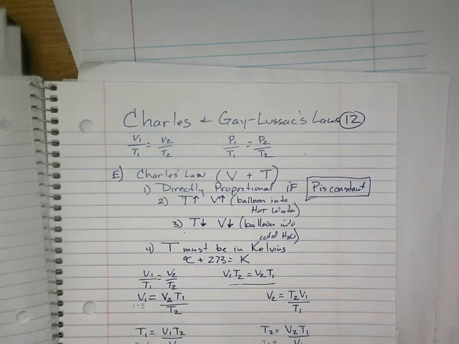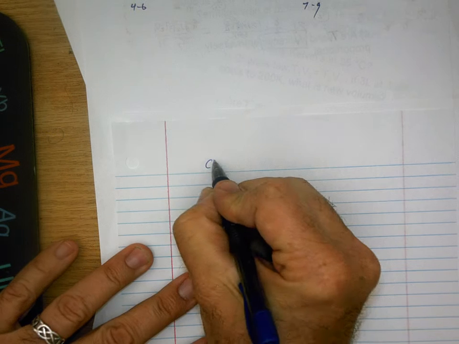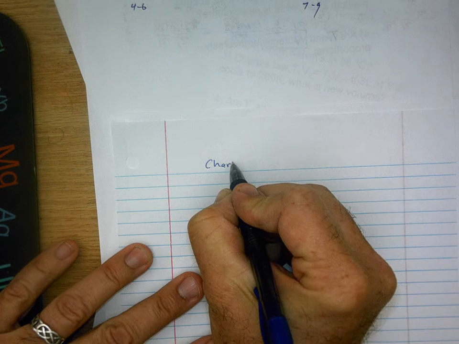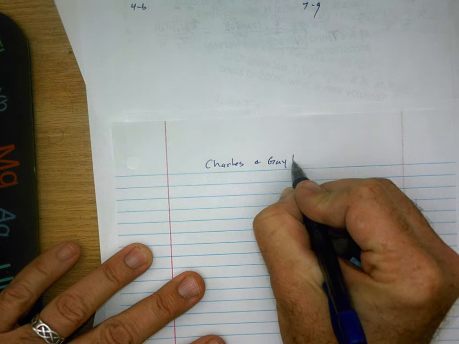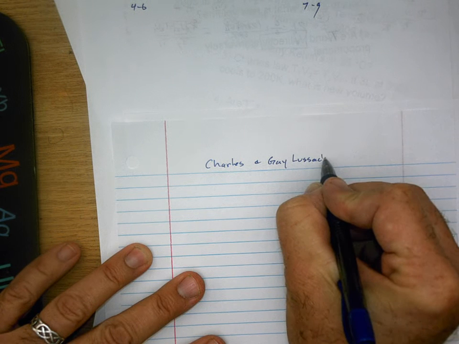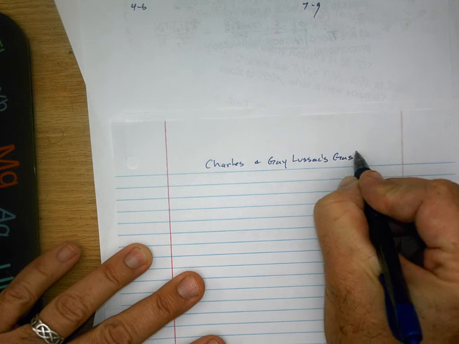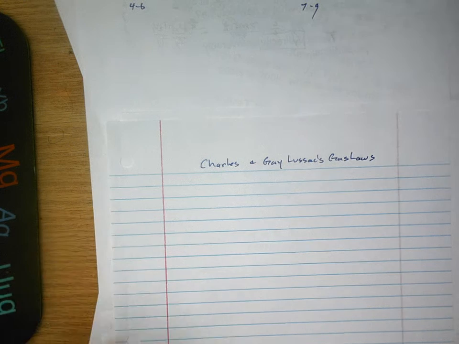So let me get this set up for everybody. We have Charles's and Gay-Lussac's law, gas laws. I better zoom that in so we can see it a little better.